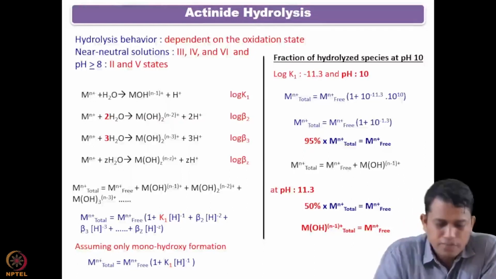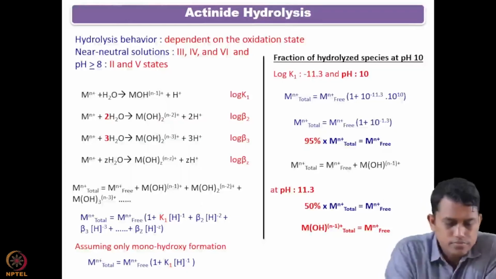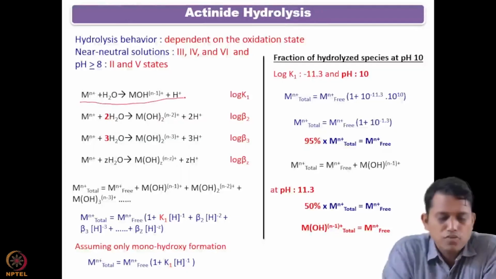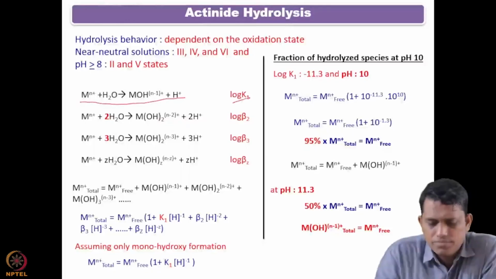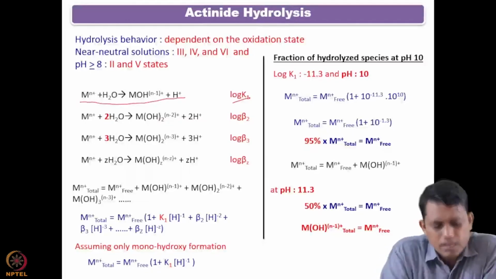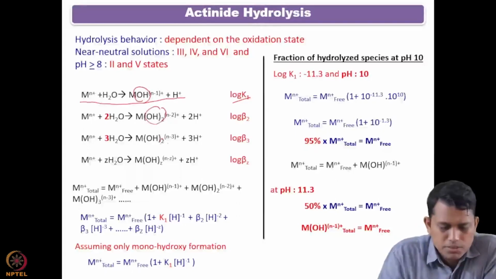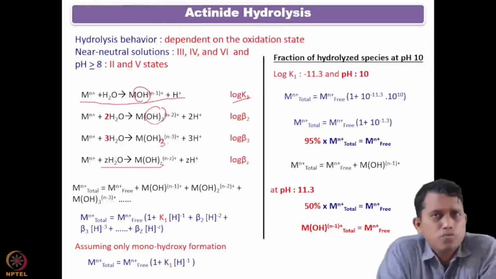For that, I have given you a scheme. You start with the assumption that you have this kind of equilibrium, which has a certain log K value, and then the others, in which I have started from monohydroxy to dihydroxy. Sorry, it is misprinted, it should be dihydroxy to trihydroxy, and finally to Z amount of OH groups.